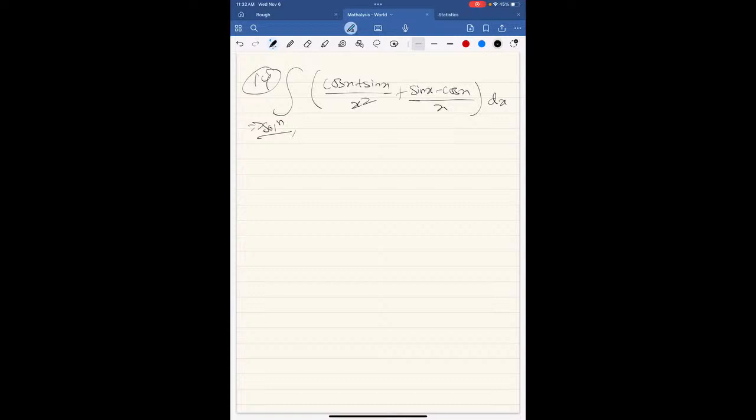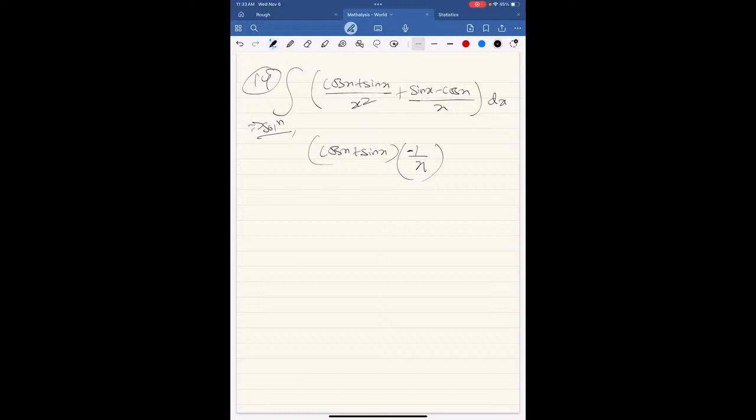I think that this is also a similar problem, just using the product rule, right? Now this time I think this is a combination of cos x, sin x, and 1 by x, maybe minus 1 by x.